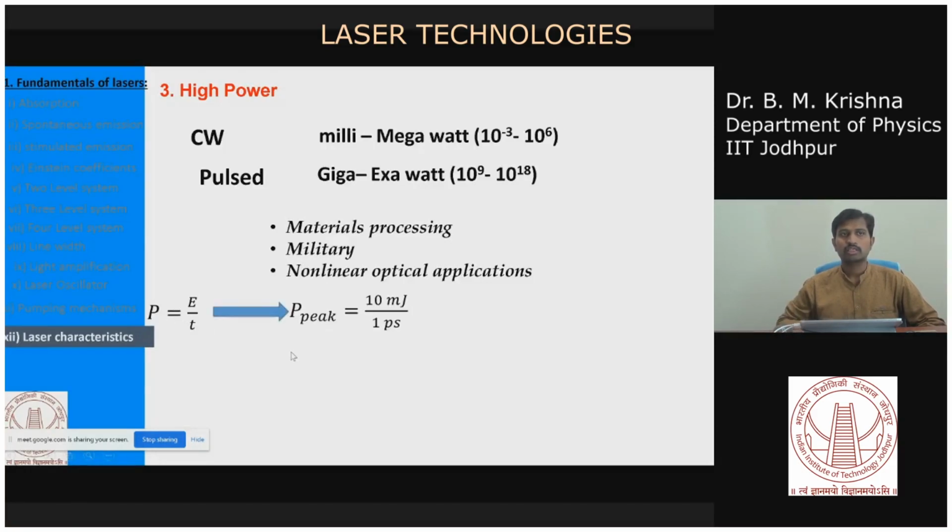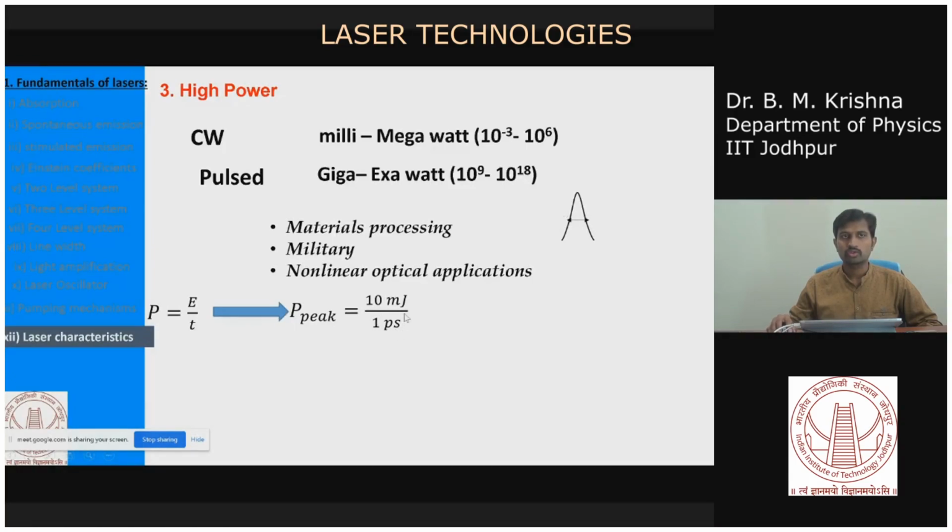If you want to calculate the peak power, what is meant by peak power? You have a pulse, and the peak power is at the peak. For example, you have a 10 millijoule system, so your energy per pulse is 10 millijoule and your pulse width is 1 picosecond.